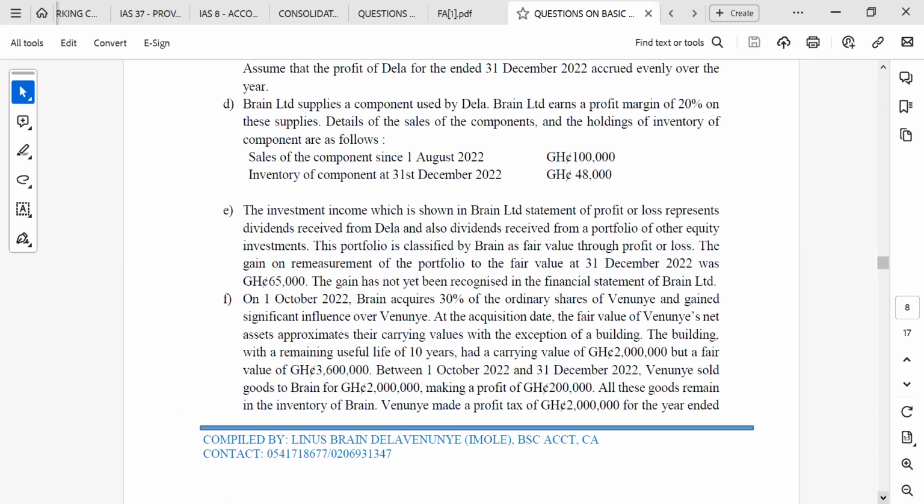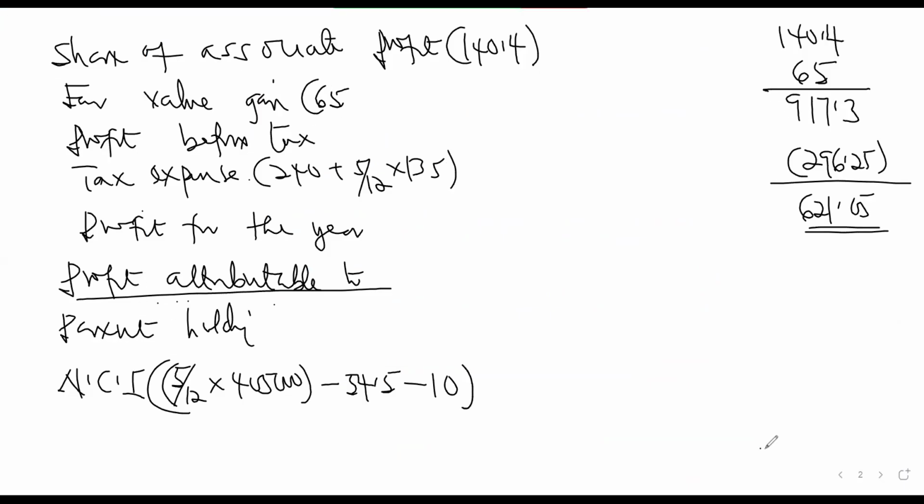So let's now find our post-acquisition profits, and NCI will take 25% of that. So 5 over 12 multiplied by 405 minus 64.5. So 104, NCI will take 25% of that.